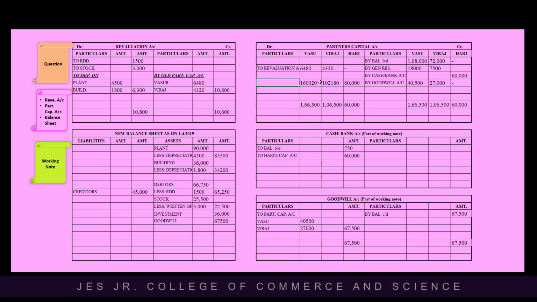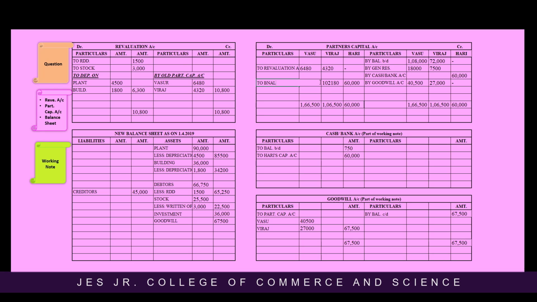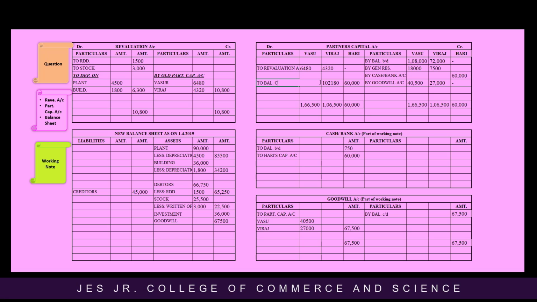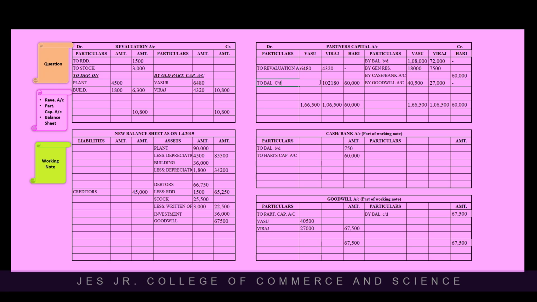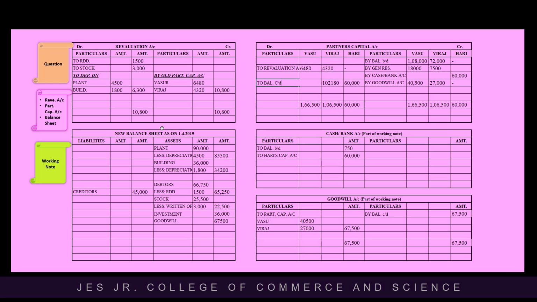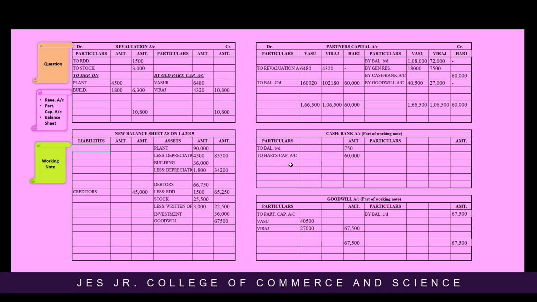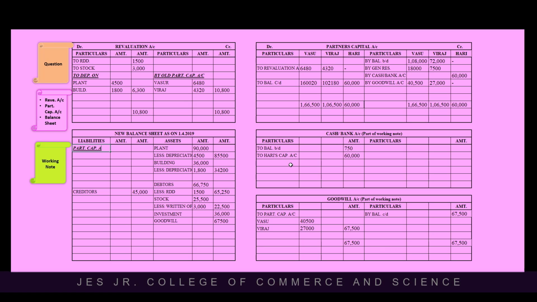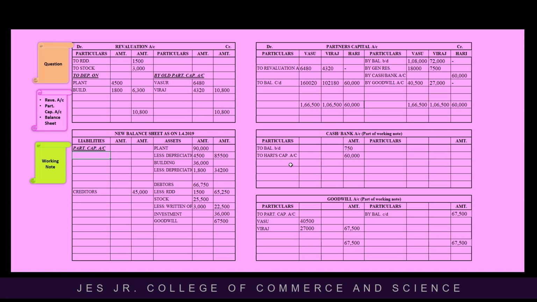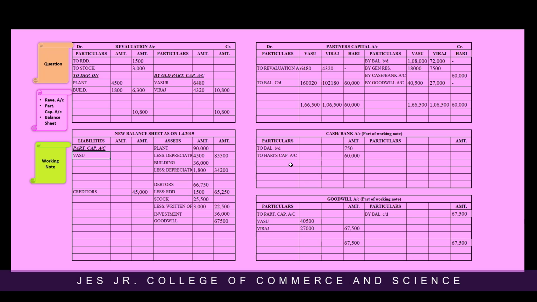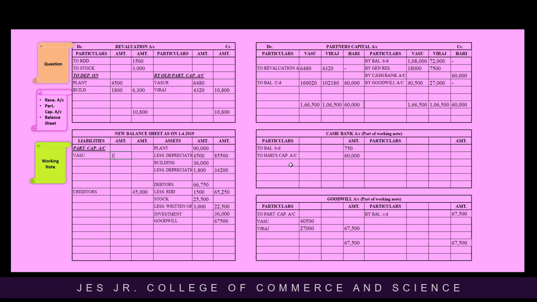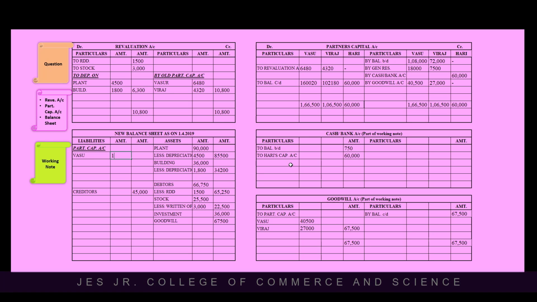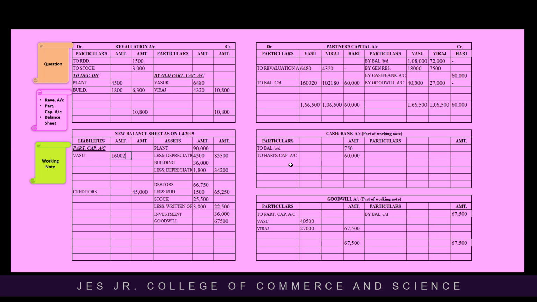And here we'll write to balance carried down. और ये बैलेंस कैरी डाउन आएगा यहाँ पे I'll write partners capital account. वासु 1,06,020 rupees.